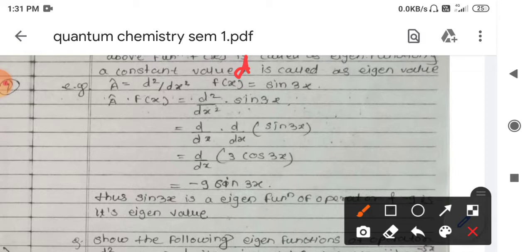Now, for example, consider sine 3x. The operator is d2 upon dx square, the second order differential. For sine 3x, the first order derivative will be 3 cos 3x and the second order derivative will be minus 9 into sine 3x.